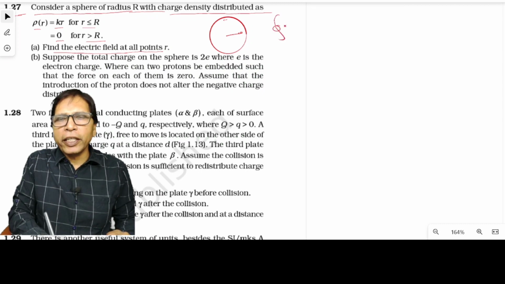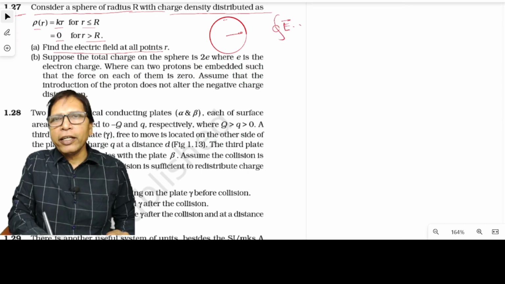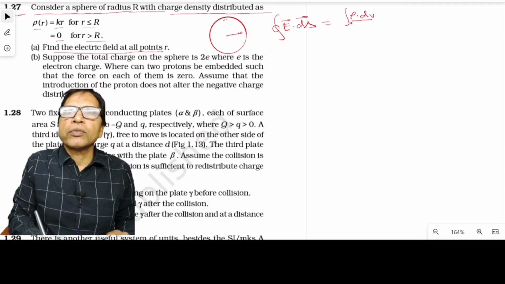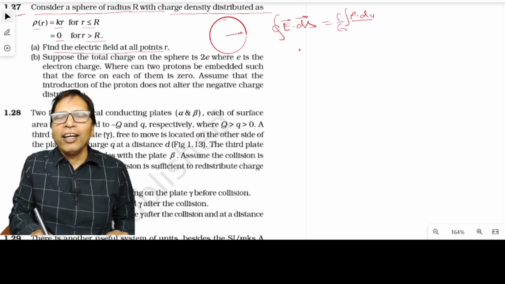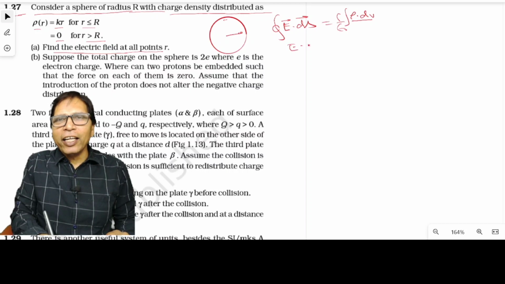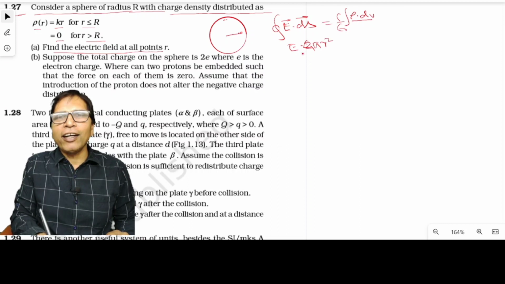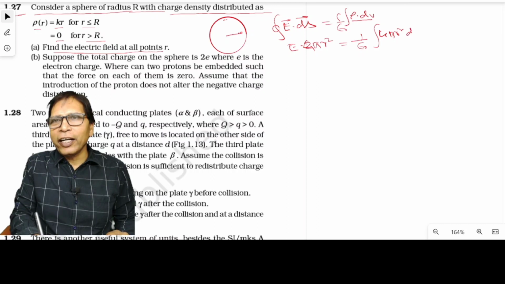This is the surface integral of E vector dot dS vector, which equals the integration of rho dV divided by epsilon naught. Now here, E into 4 pi r square, and this is 1 by epsilon naught times the integration of dV. This is 4 pi r square dr into rho, which is kr, from 0 to r.